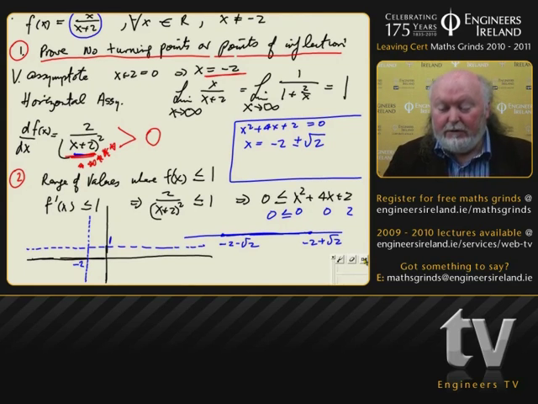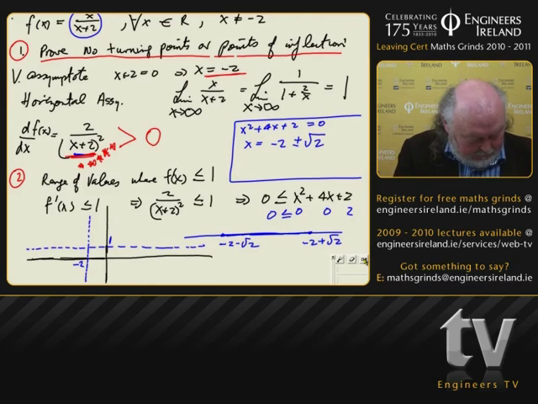And we can find a number of simple points. When x is 0, what values do y have? When y is 0, what values do x have? And they will lead us to this curve.